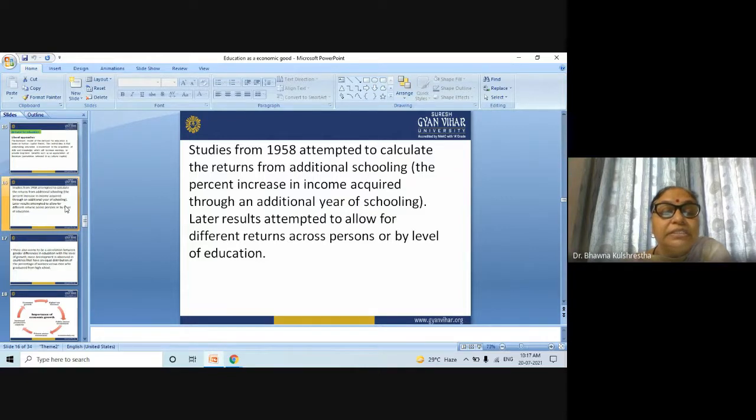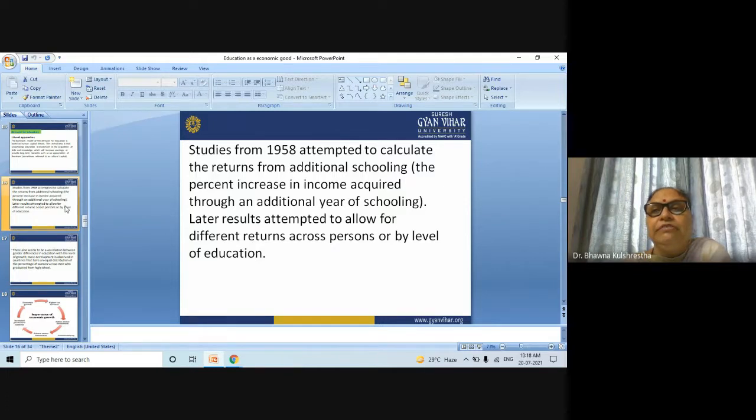Later results attempt to allow for different returns across persons or by level of education.